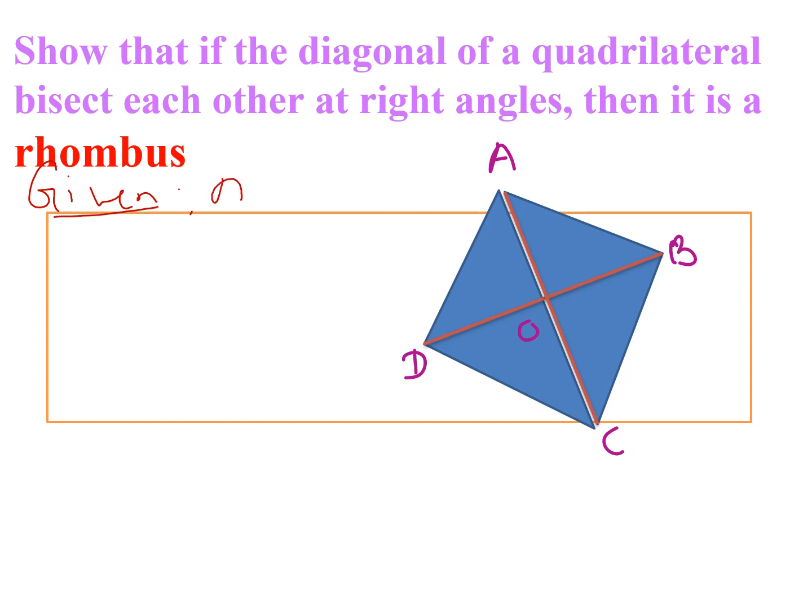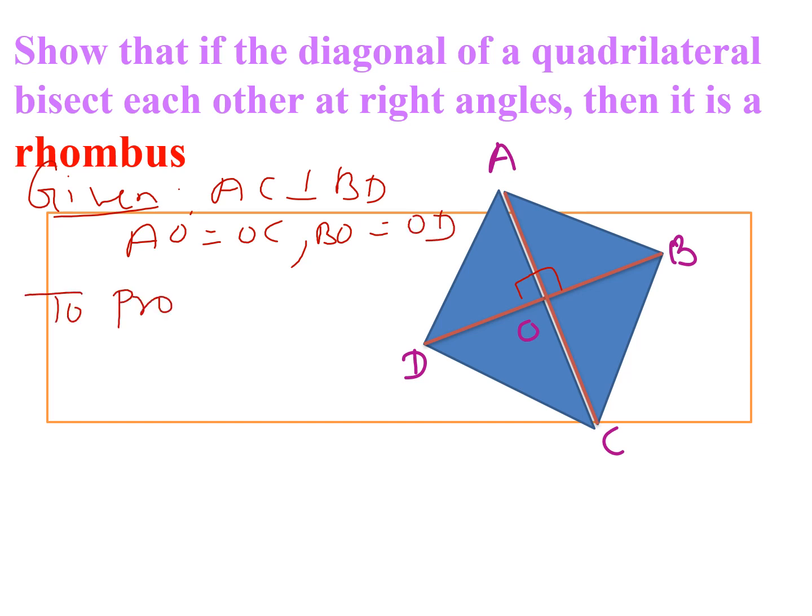That means AC is perpendicular to BD and AO is equal to OC, DO is equal to OB. What to prove? We have to prove that ABCD is a rhombus.